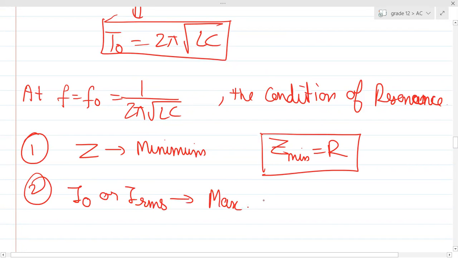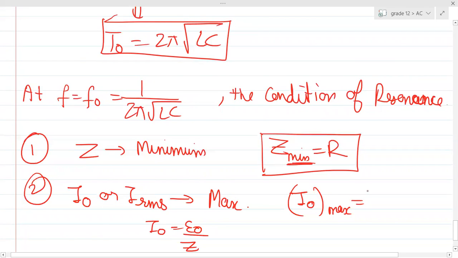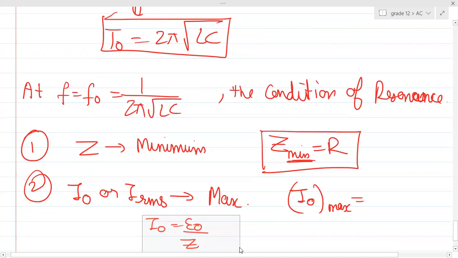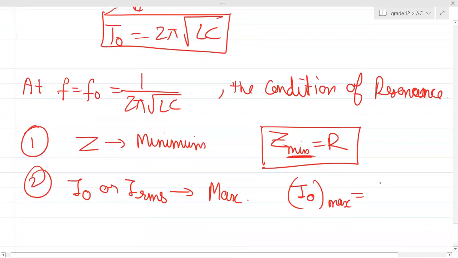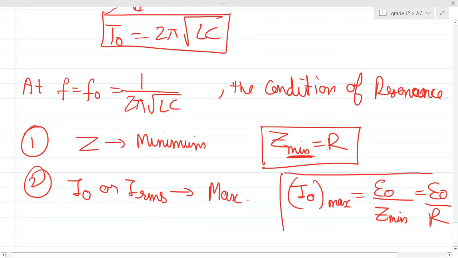The second point is that I naught or IRMS will become maximum. And what is this maximum value? Do you remember I naught is E naught by Z, or IRMS is ERMS by Z? Since Z is minimum, I naught becomes maximum, so I naught maximum is E naught by Z minimum, which is E naught by R. This is the maximum possible value of peak current.